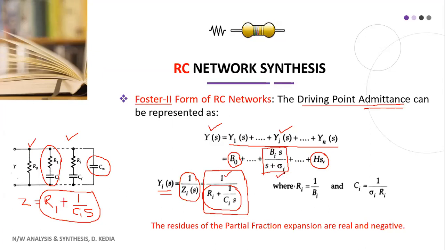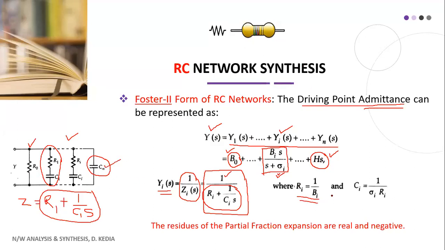So this is the intermediate representation of this series combination of R1 C1, and this is the first element, and this is the last element. If you compare it with the circuit representation, you will get Ri is equal to 1 by Bi. You already know B naught is nothing but R naught, and H gives us C infinity.